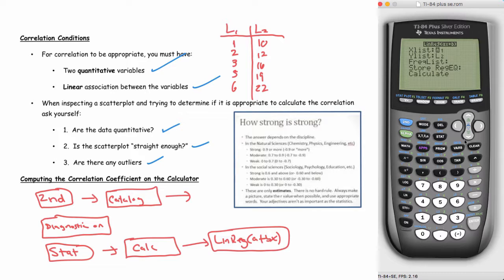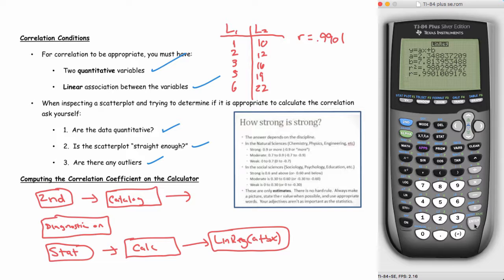There is a way to store this into the function equation so that you can just graph it. But we don't want to graph it, because what it's going to do is calculate a line. For now, we're just interested in the R value. So in our case, the R value is 0.9901.